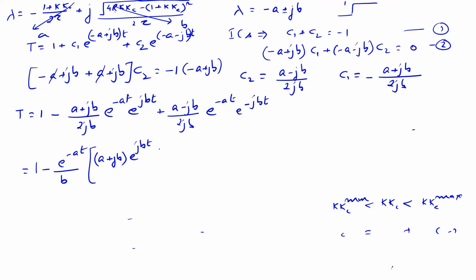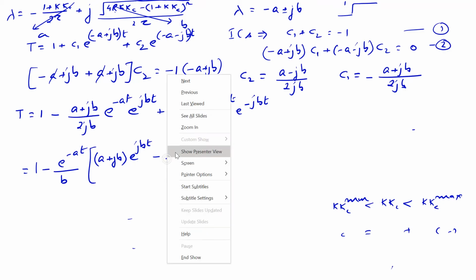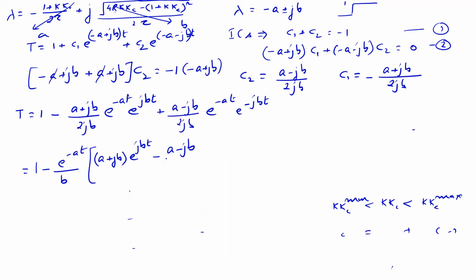And if I take my minus, you're going to get minus minus minus, okay, fine. So it will be (a minus jb), because you're multiplying, so yeah, this is fine. And so this guy times e to the power minus jbt divided by 2j.